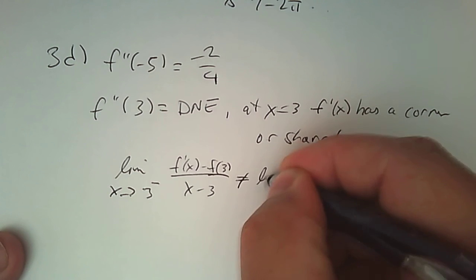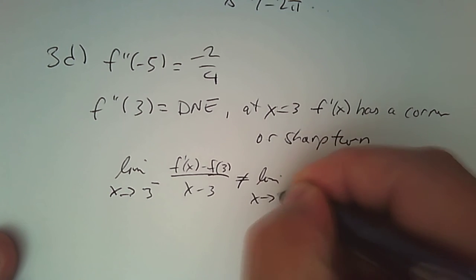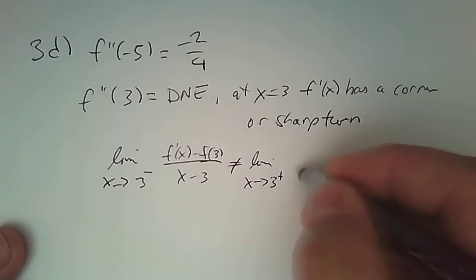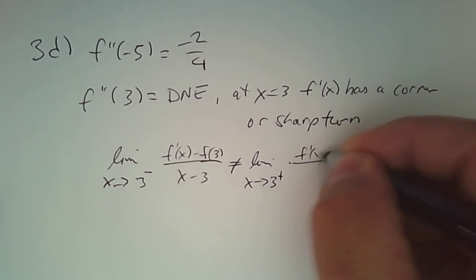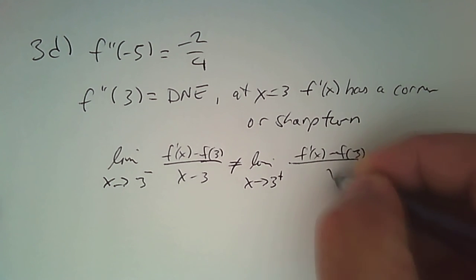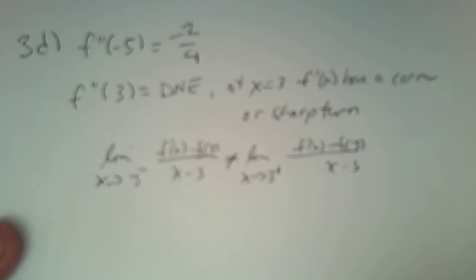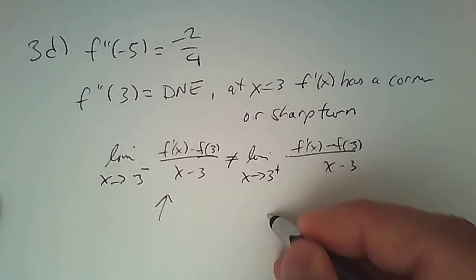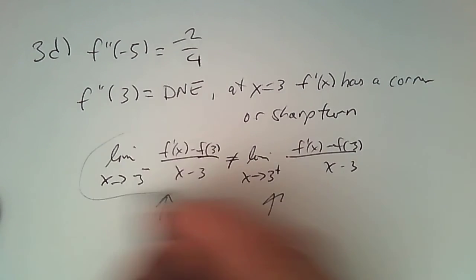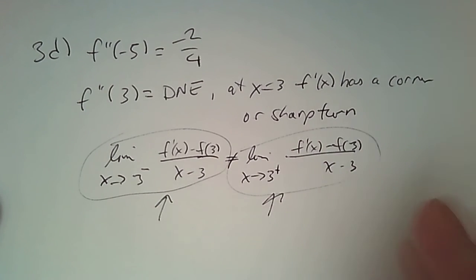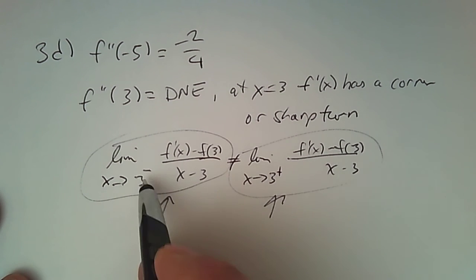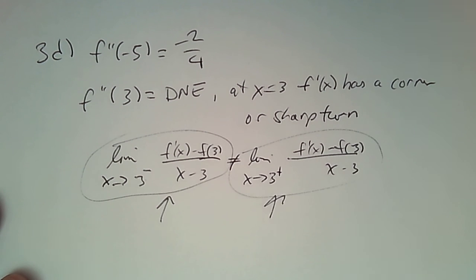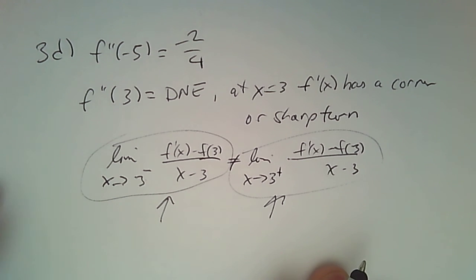The limit from the left does not equal the limit from the right. So there's a limit explanation of why that's a way to describe a corner. From the left and from the right, they don't equal. This is a fancy way to talk about a derivative, right? This is using the slope formula with a limit, like from first principles, to describe that the left doesn't equal the right, and that's the reason the slope or the derivative does not exist when x equals 3.